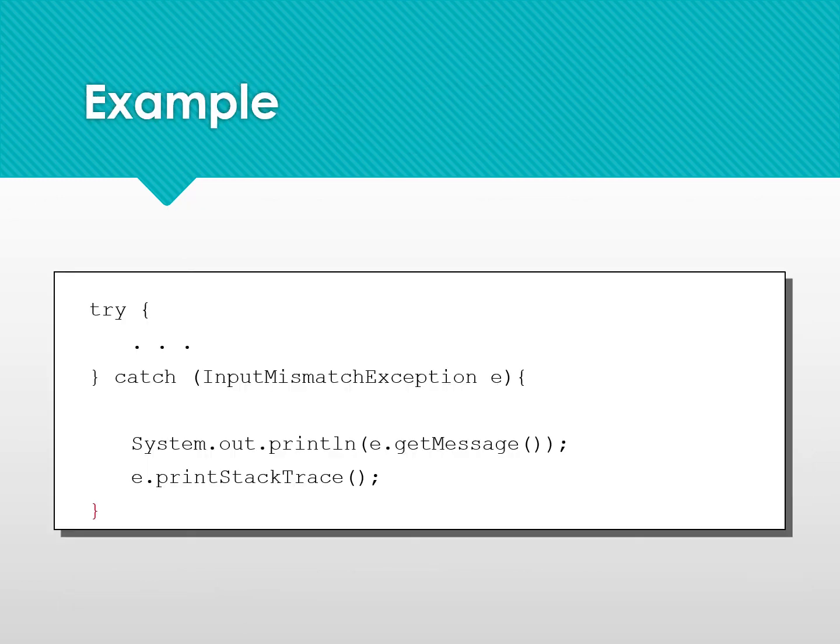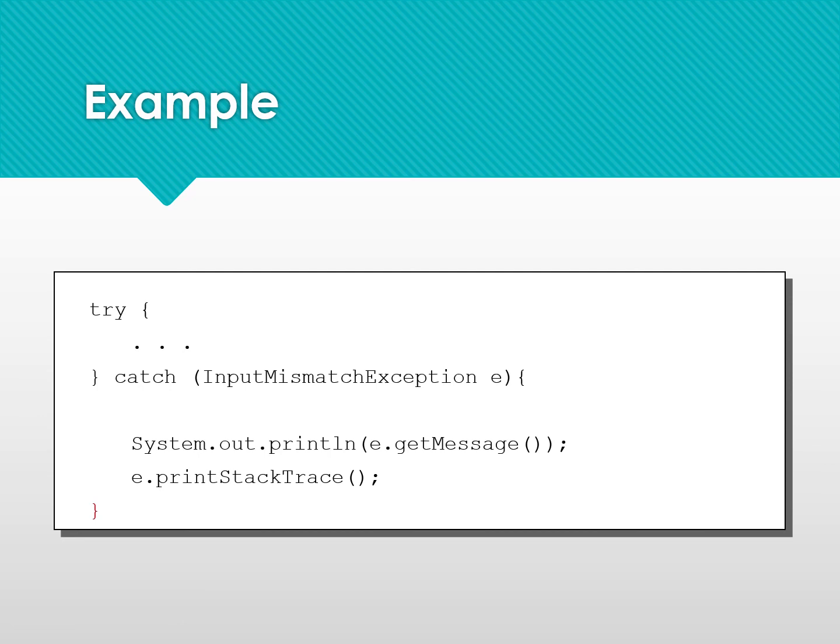Okay, so an example for this. How do you actually use it? You have a try block and then you have a catch block. From the previous example, normally you see it print something, right? But in here, let's say you write catch InputMismatchException e. So e will be used here.